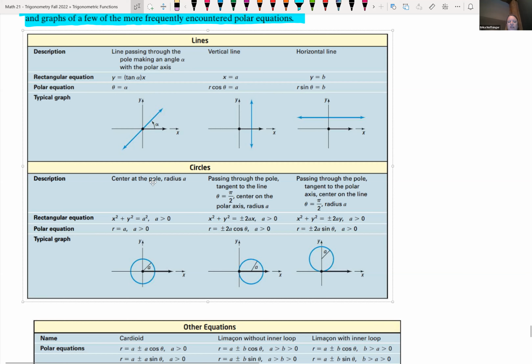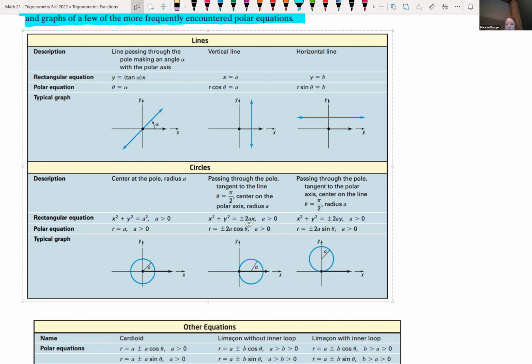We talked about the circles. If we have r equals a, where a is greater than 0, then our rectangular equation is x squared plus y squared equals a squared, where a is bigger than 0, and we had a circle centered at the origin with radius a. If we had a polar form r equals plus or minus a cosine theta, then we have the equation in rectangular form where our center was at a divided by 2, 0, and our radius was the absolute value of a over 2.